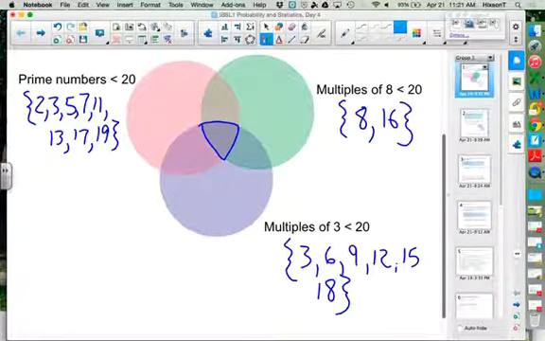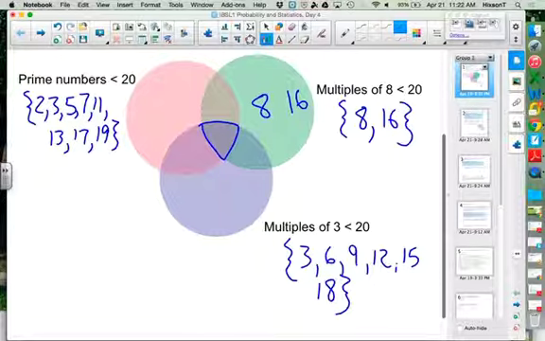It's empty. Okay? So, where do the prime numbers and the multiples of 8 less than 20 intersect? Nowhere. So 8 and 16 both go in here. Okay? Where do the multiples of 3 and the prime numbers intersect?